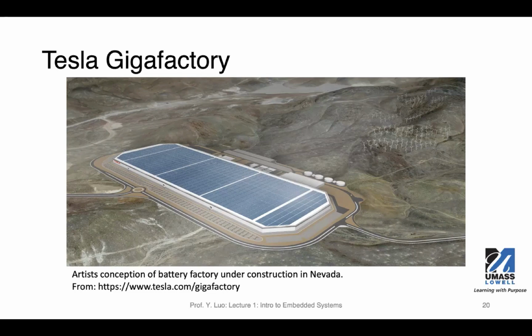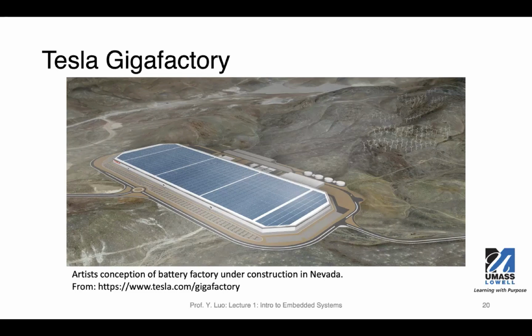This is a factory that will manufacture batteries and the battery pack for Tesla cars. And this is a huge factory, and it will consume a lot of power when it runs. The good news is that the power to run this factory is all coming from itself or nearby wind turbines.